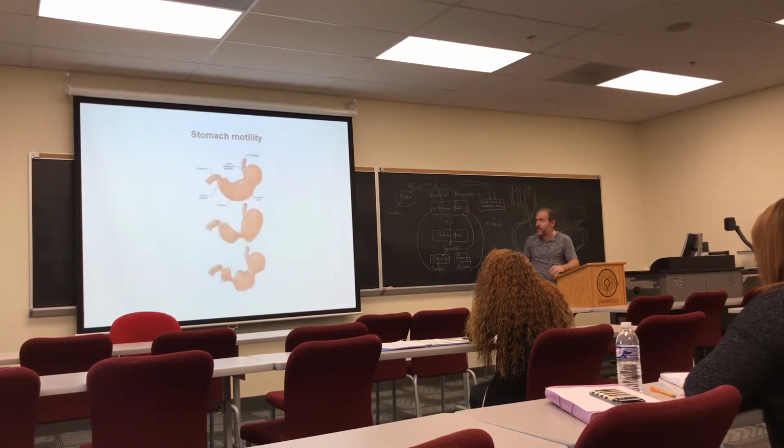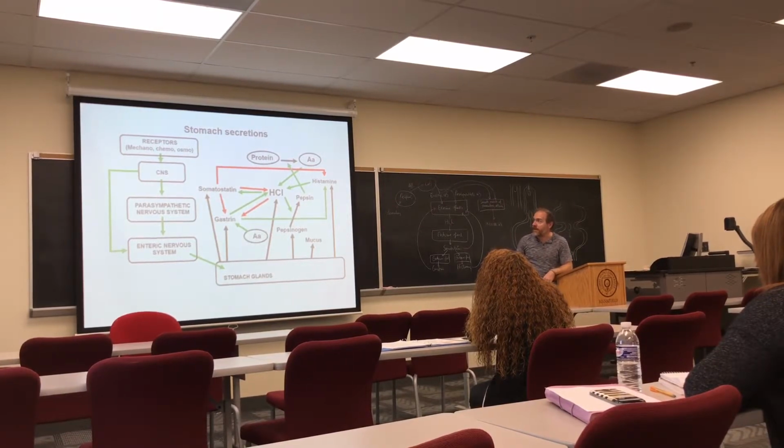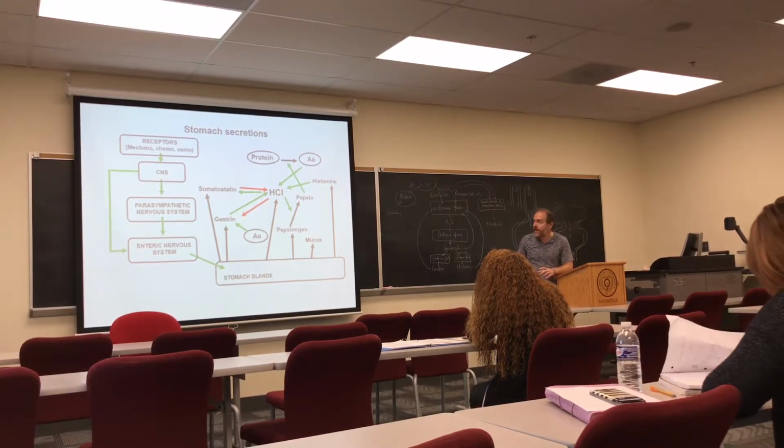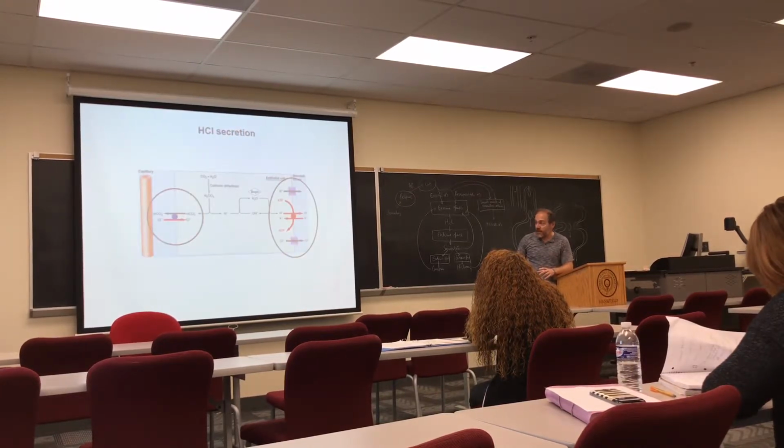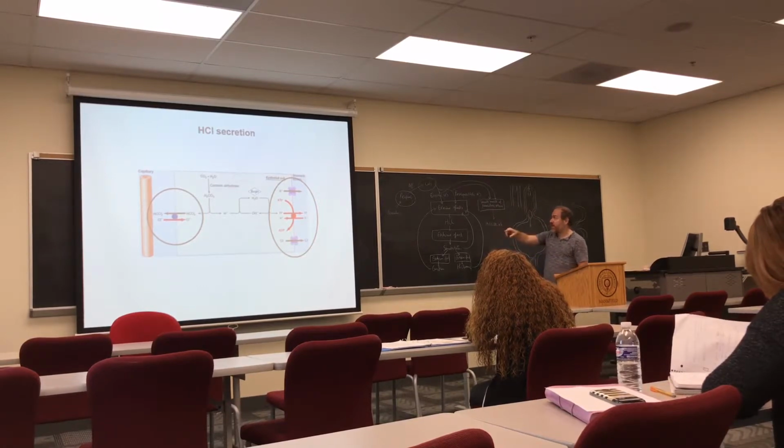So for example, when I was talking about the stomach secretion, we focused for a couple of minutes on the secretion of hydrochloric acid, which happens at the cellular level. This is what we do to secrete hydrochloric acid. So this is zooming in only here.